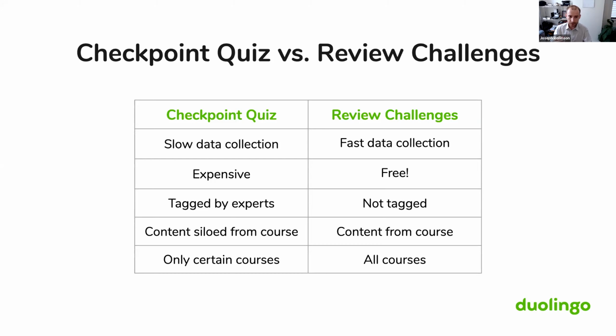The content for the checkpoint quiz is siloed. So we're not using that content in the course at all, which means that there's a little bit more validity. But with the checkpoint quiz, we can only really show it in certain courses. And so you can see that these two features have a very similar structure, but fit different niches.